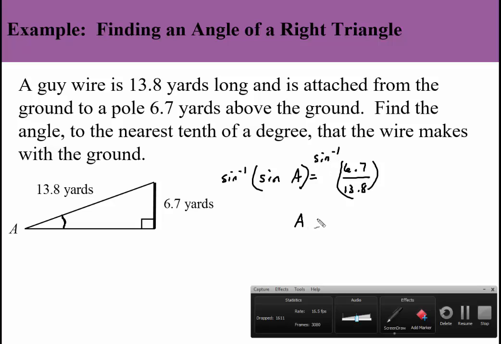So that will give us A, and if you round this to the nearest tenth, let's pause and do it on your calculators, make sure we're getting the same answers. Right, I came up with about 29.045, so if it says to the nearest tenth, that's just going to be 29 degrees. All right, so that's what you should have got.